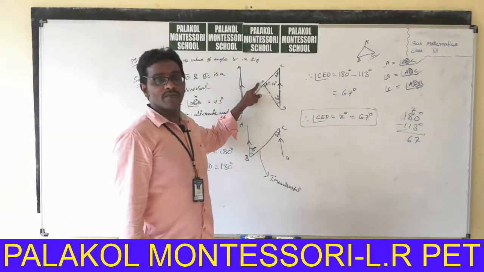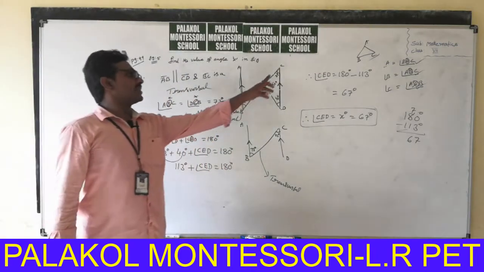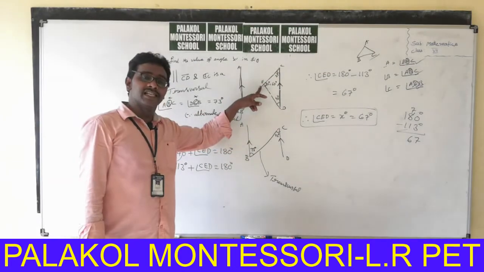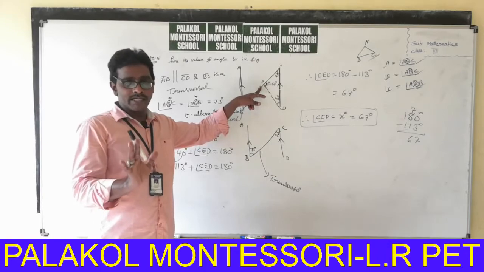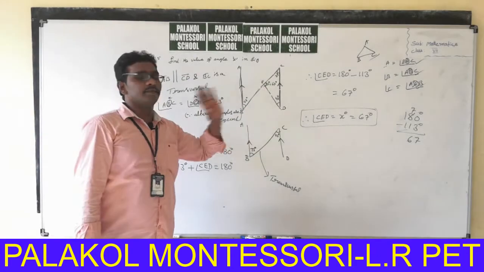Now I write this here once again. In triangle CDE, the sum of the angles is equal to 180. Angle C, no problem. Angle D, no problem. But angle E, some doubt arises in your mind, I know that, so write clearly angle CED.